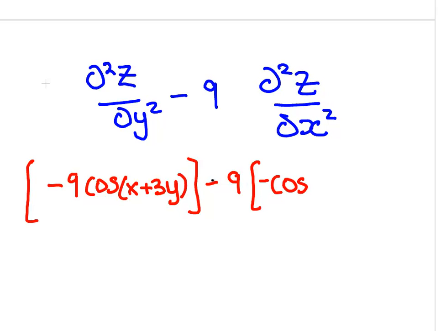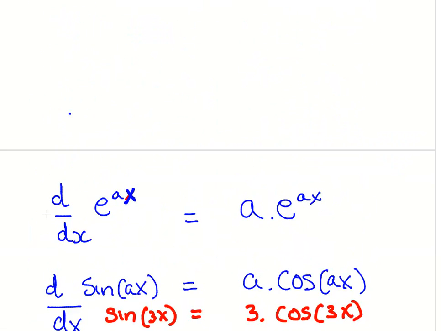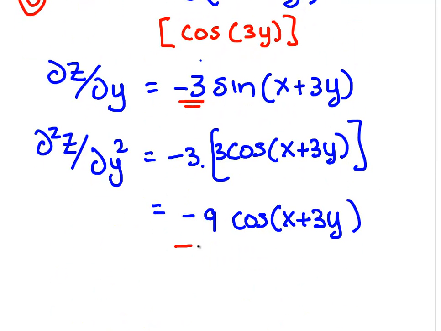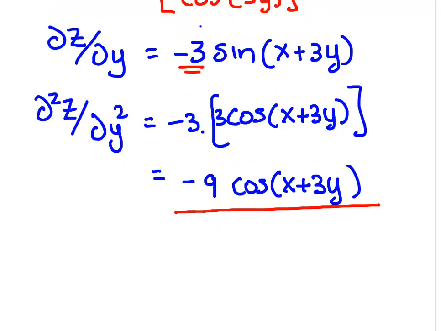We have to get a plus here actually. Sorry, I went over my signs too quickly. Let's check the answer again: it was minus 9 times cos of x plus 3y.